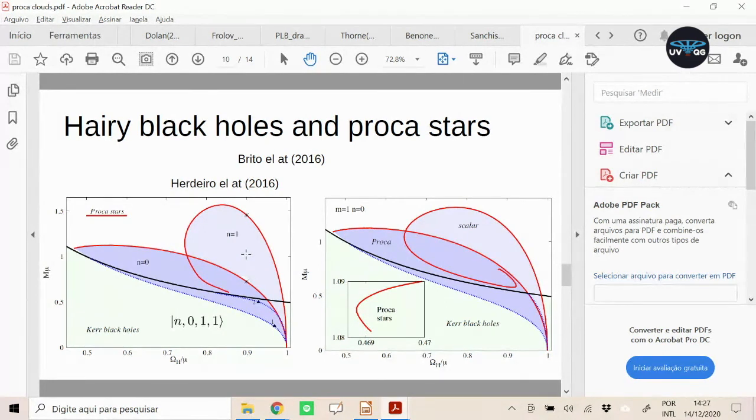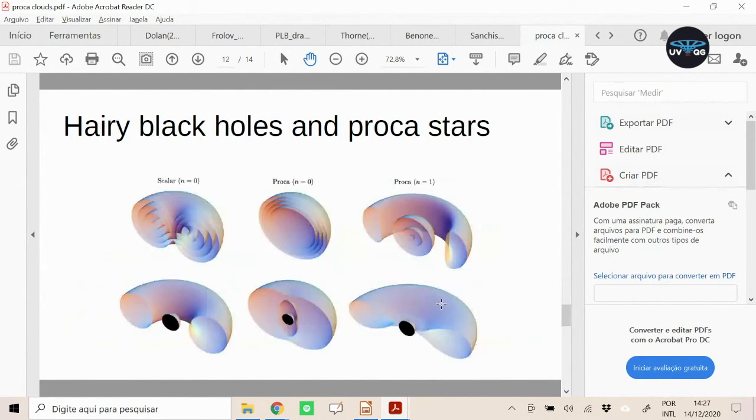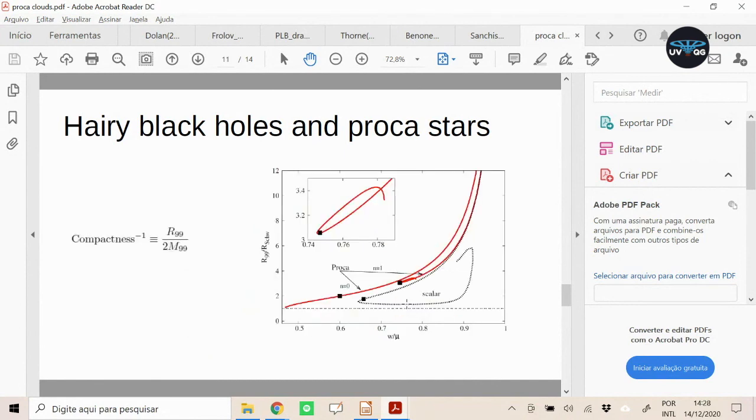I think I'm confused, because you are talking about, in one case, a self-gravitating scalar or a vector, and on the other hand a black hole with a cloud that can be a scalar or vector, right? Yes. Okay, so the red lines were determining the bounds of the mass of the stars, right? Not of the clouds in the black hole case.